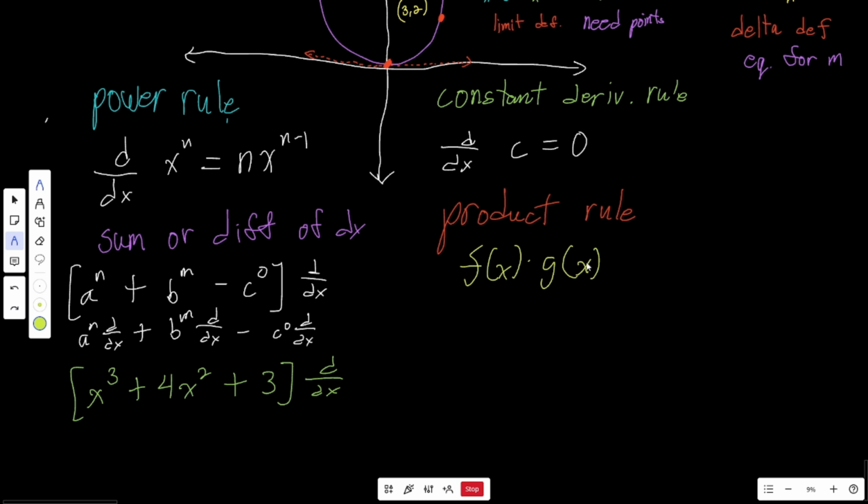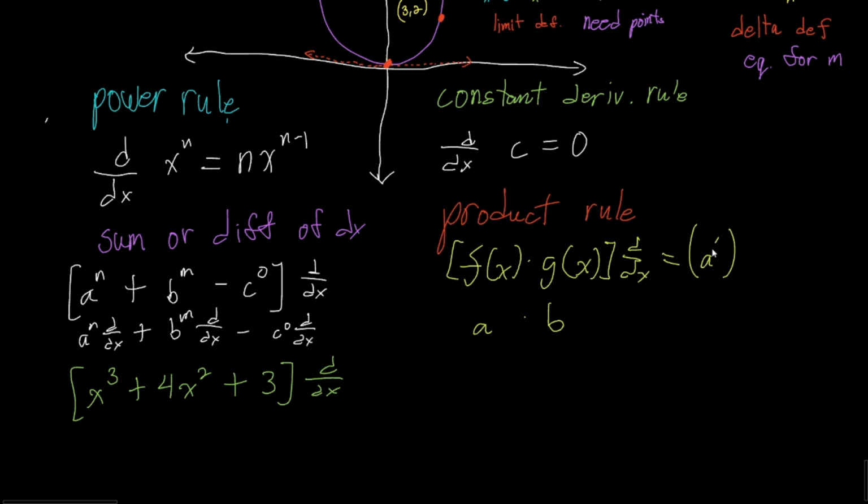And the derivative of this is equal to the derivative of the first function, which for this one I'll name a times b, okay? The derivative of a, a prime. The prime basically shows derivative, okay? That's important also for you to note.